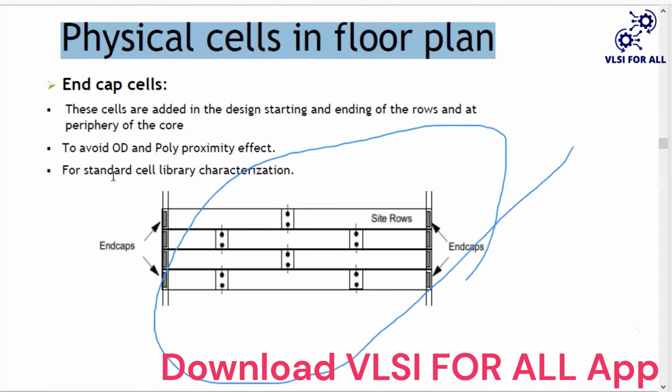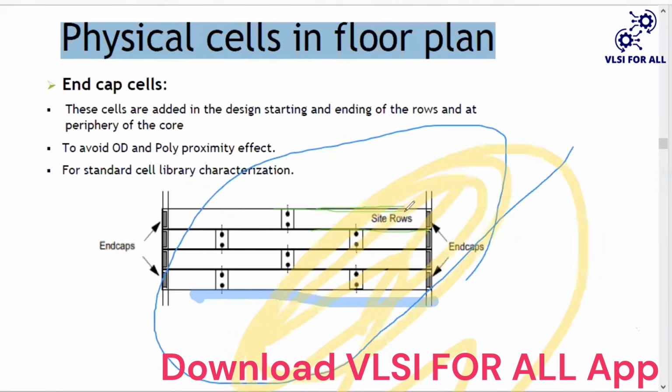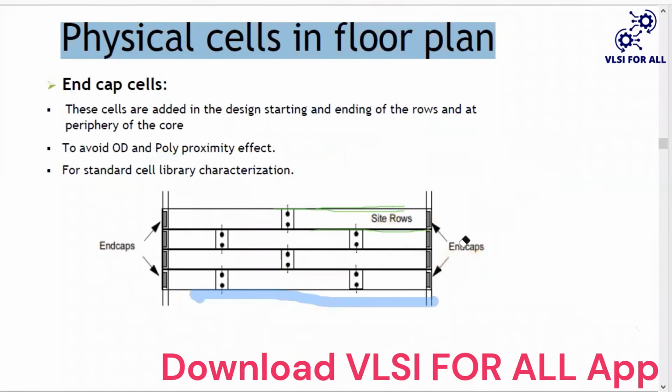Next, whatever layers and lines we are seeing, the straight horizontal lines are called site rows. Site rows mean that the tool will place every standard cell between the site rows only.